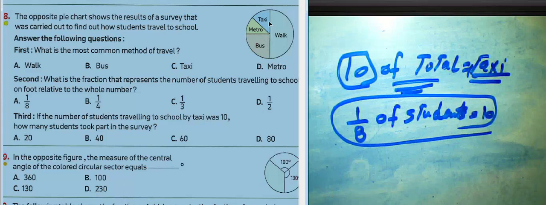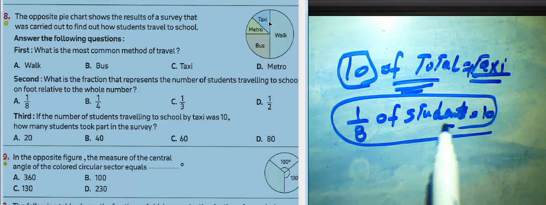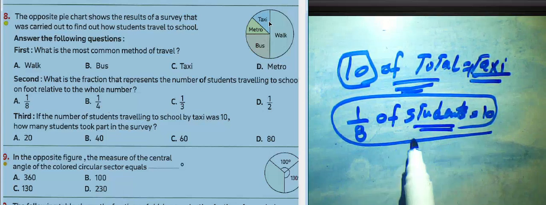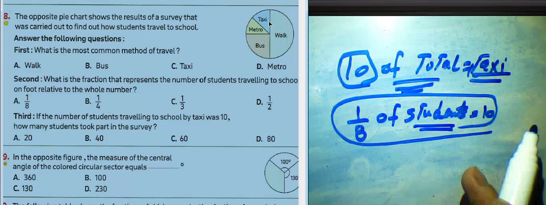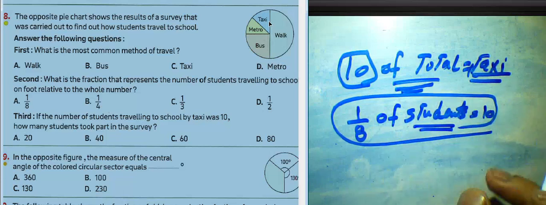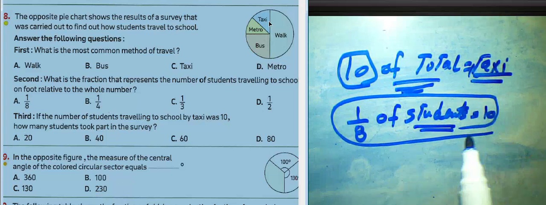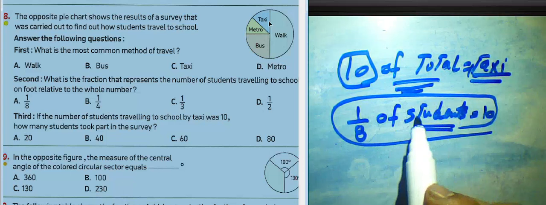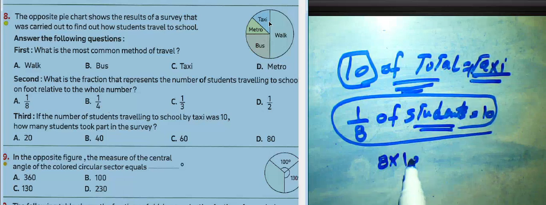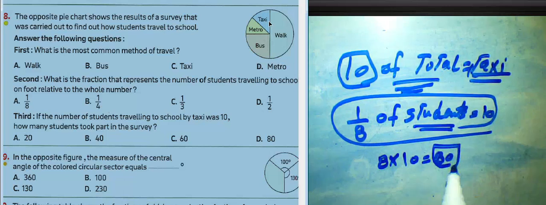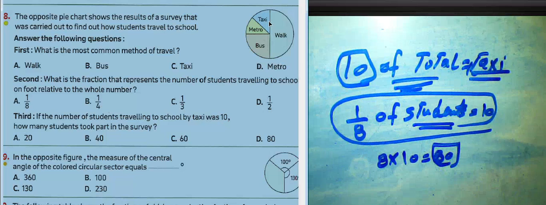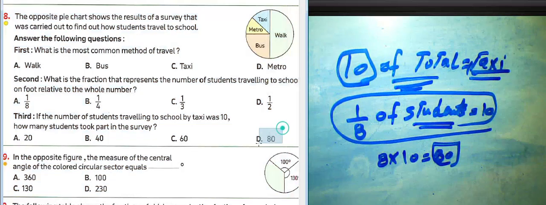We can find the total by multiplying 10 by 8, or dividing 10 by 1 over 8. The number of students who like taxi was 10, but the total number will be 8 multiplied by 10. It will be 80 students. Understood the example? The result will be 80.